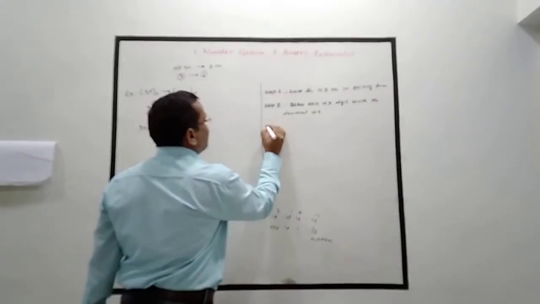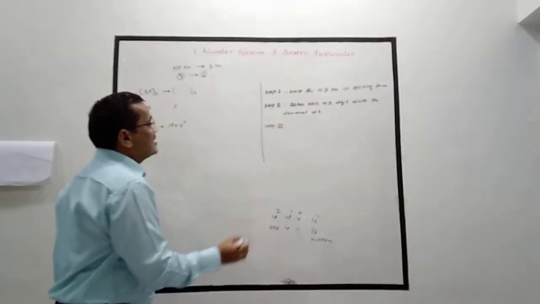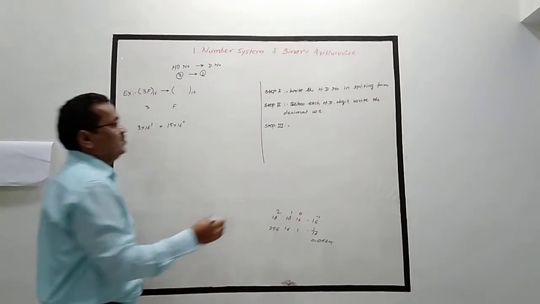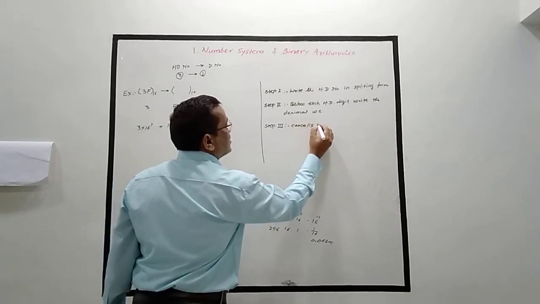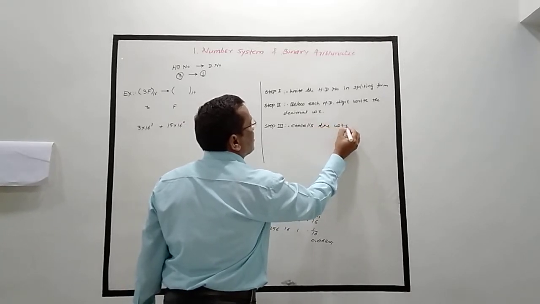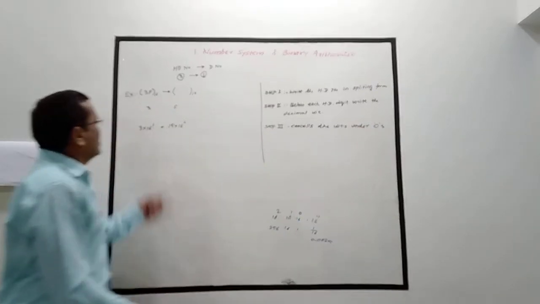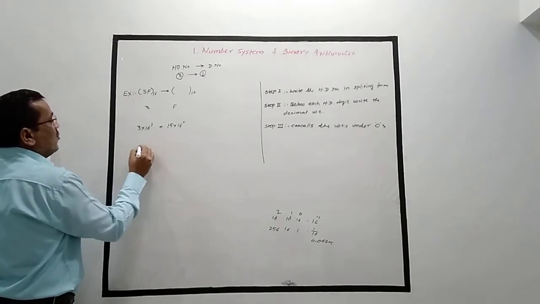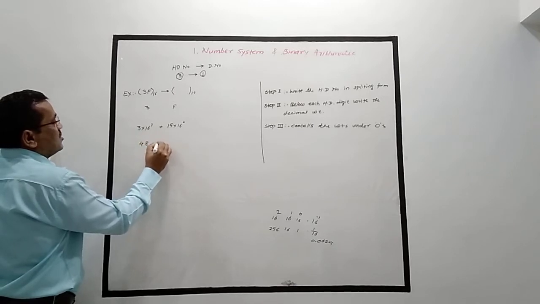Step 3: cancel the weights under the digit 0. So here there is no zero, which means we can add these two weights directly. 48 plus 15.